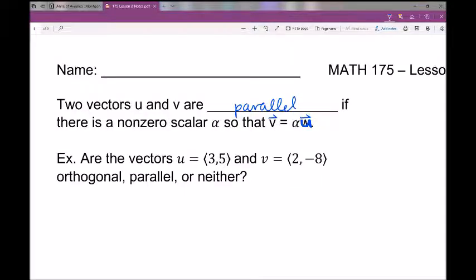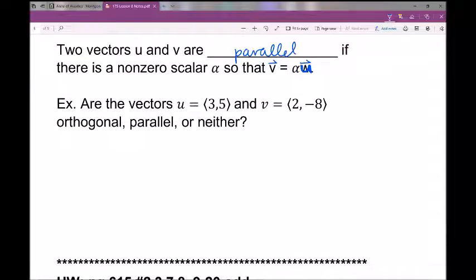Okay, so now for this example, we want to show whether the vectors u equal to 3, 5 and v equal to 2, -8 are orthogonal, parallel, or neither. Okay, so first let's test for orthogonality. So for orthogonality, we would do u dot v.